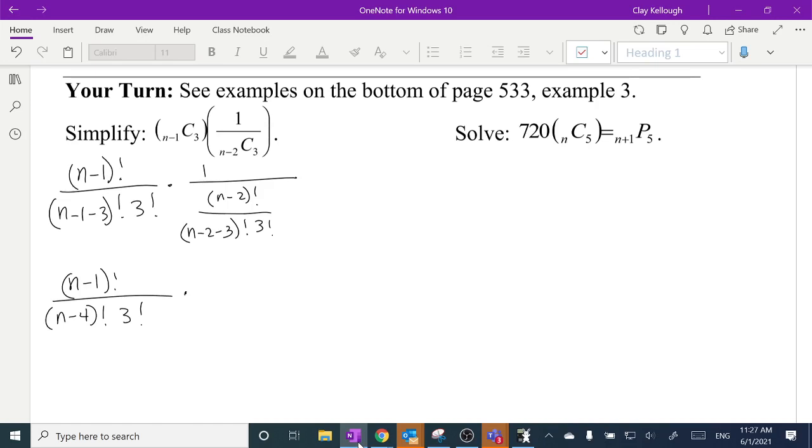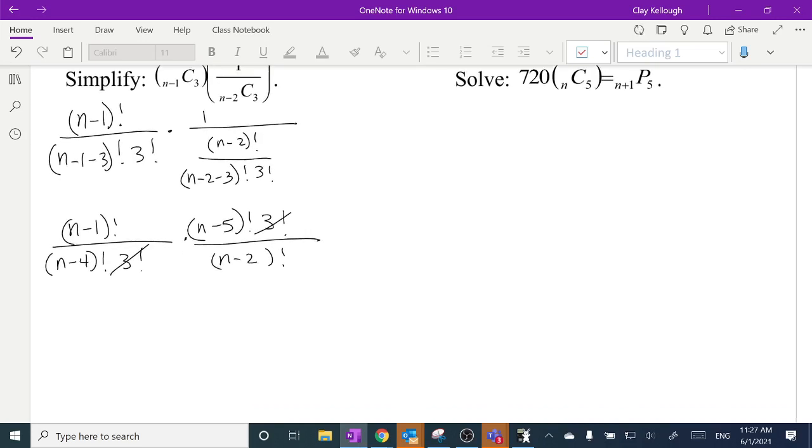And the right fraction, when I do the reciprocal, is going to have n minus 5 factorial, because that's what this is, n minus 5, and times 3 factorial, all over n minus 2 factorial. And now I can see clearly now. The 3's are gone.